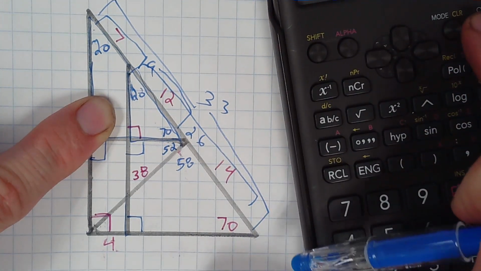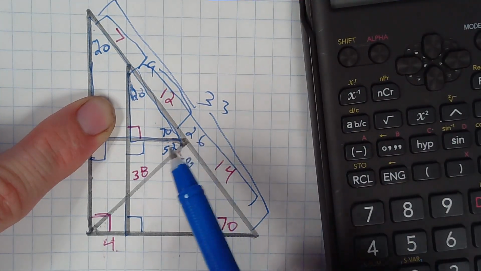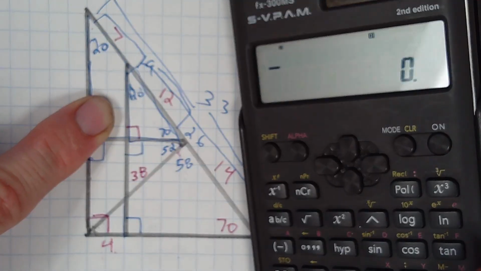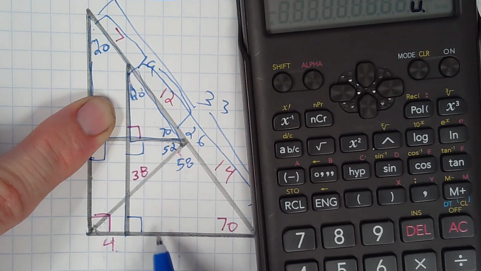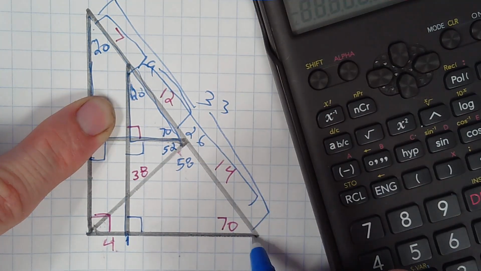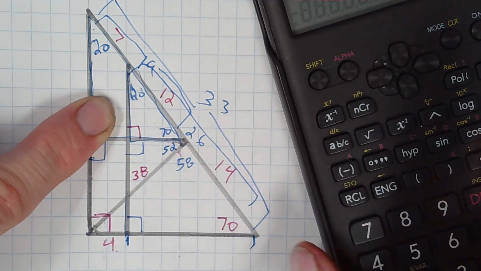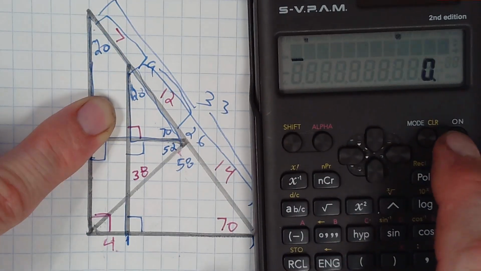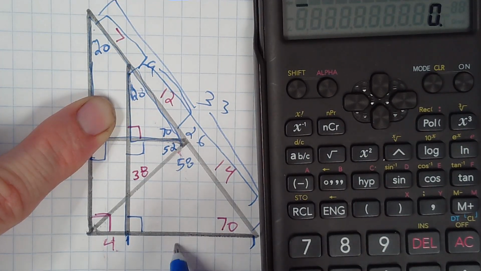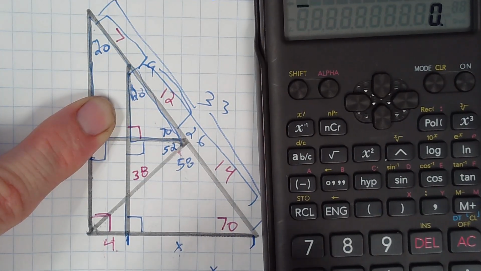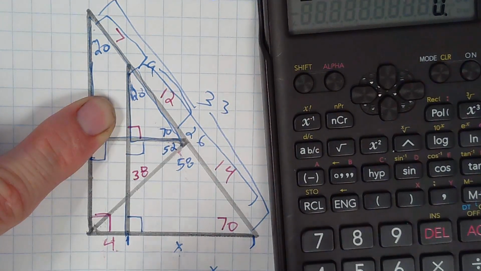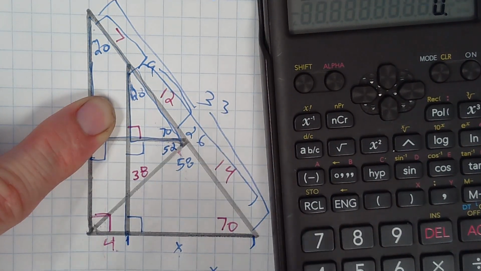So the opposite of 20, this little line segment from here to here, equals, let's say x, x divided by 26.